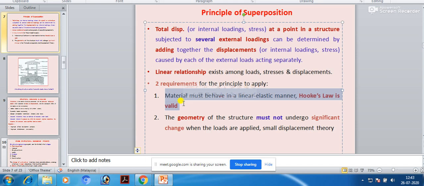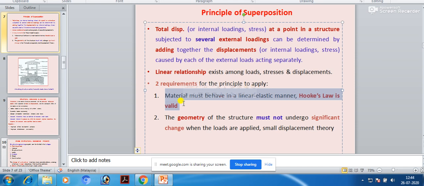That means the small displacement theory should be applicable. Whenever you consider the deformation of a big beam, the deformation comes in millimeters. Let's say a 5 meter beam, at the center it deforms by an amount of millimeters. It does not deform by a meter. If it deformed by about a meter, the geometry would not be considered the same as the previous geometry.